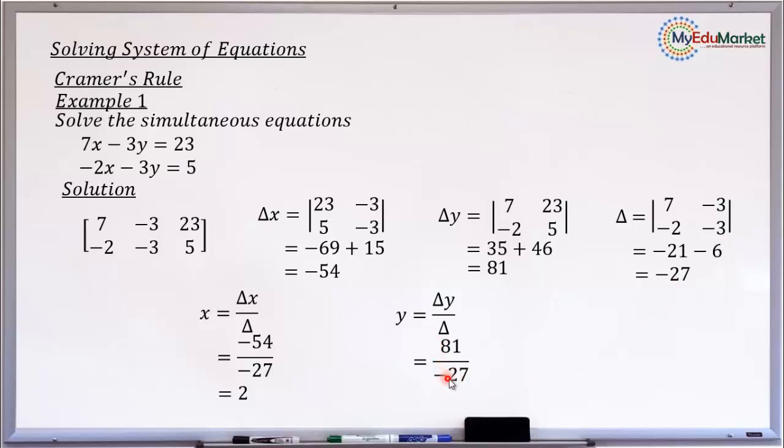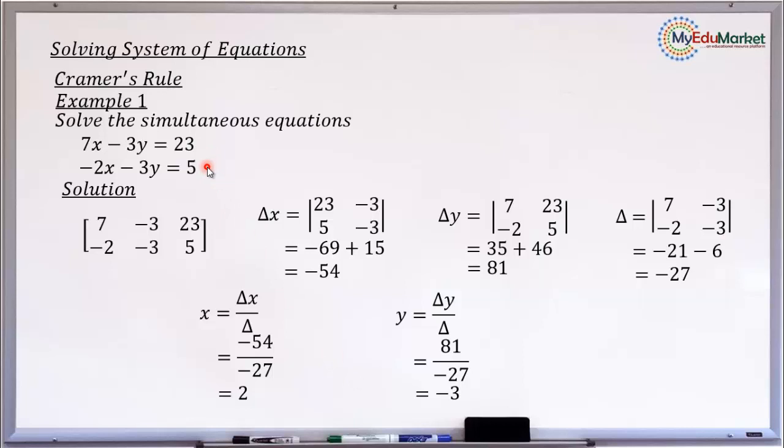Plus divided by minus is minus, so 27 into 81 is going to be 3. So I'm going to have minus 3 here. Which means the solution to this system of equations is x equals 2 and y equals minus 3. These are the values that will fit into both equation 1 and equation 2.